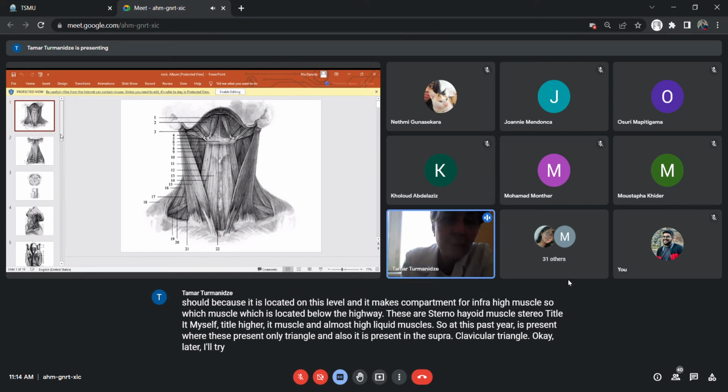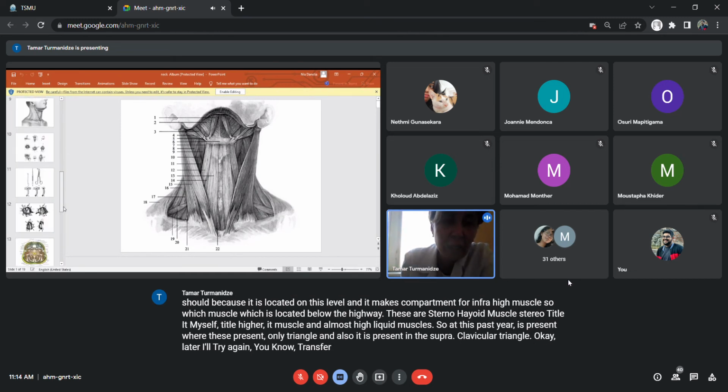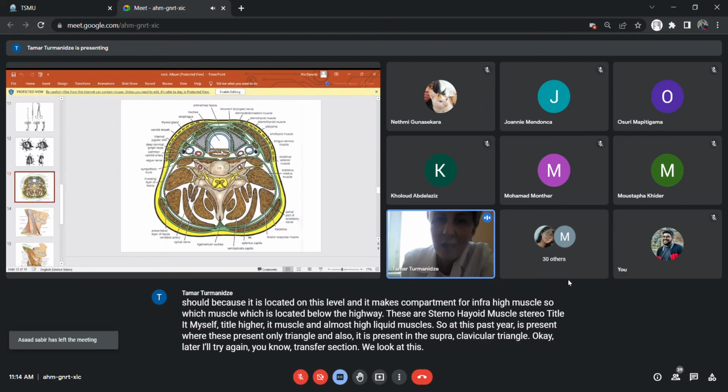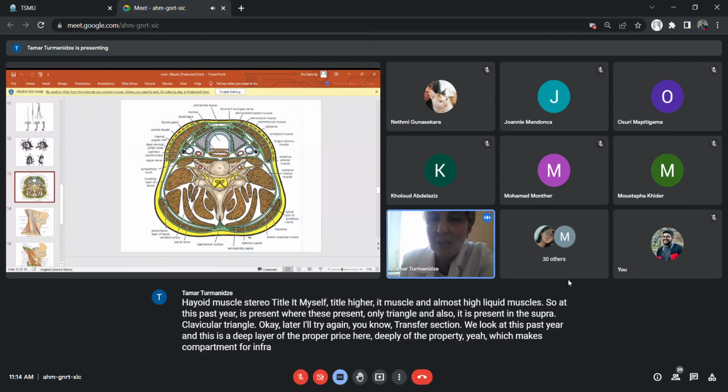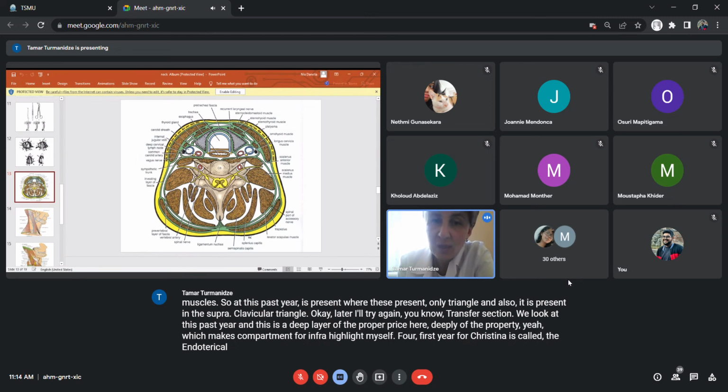In a transverse section, if we look at this fascia, this is the deep layer of the proper fascia, which makes a compartment for the infrahyoid muscles. The fourth fascia is called endocervical fascia, which is divided into a parietal layer and a visceral layer.